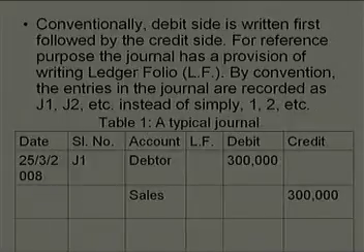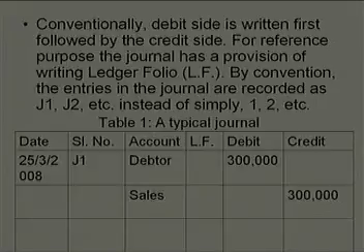Now, this is what your typical journal looks like. If you see at the bottom of your slide in table 1, a typical journal has been shown. So, what you see, the leftmost column gives you the date on which the non-cash transaction has been entered into. Then you will have serial number, then you will have account.